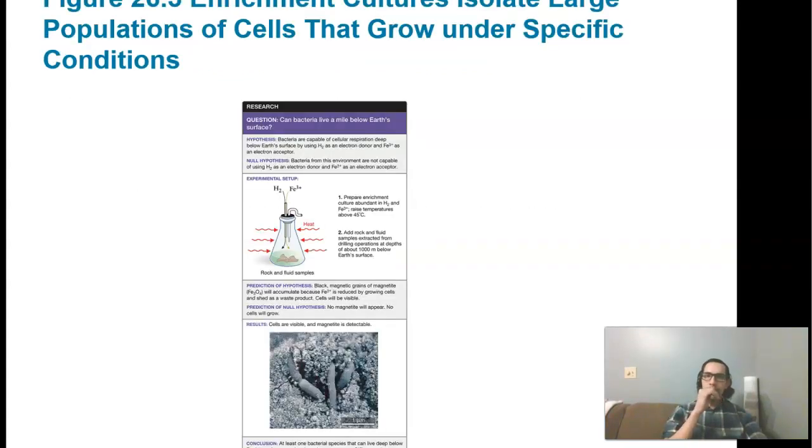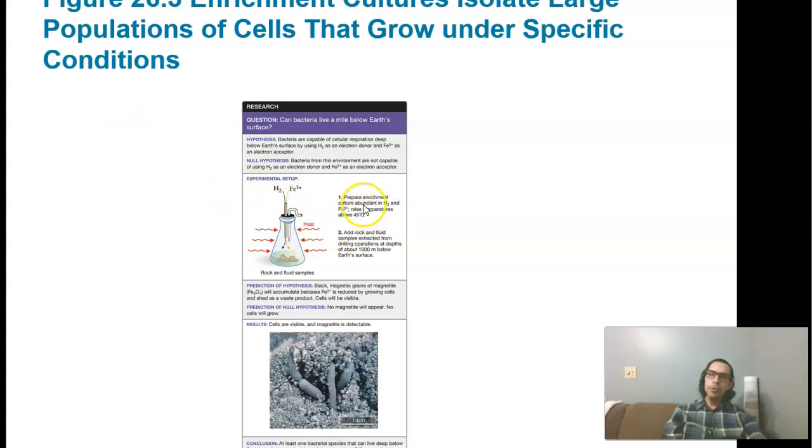So here's an experiment where they wanted to see if bacteria live a mile below the Earth's surface. They wanted to see if bacteria were capable of cellular respiration deep below the surface by using hydrogen as an electron donor and iron as an electron acceptor.